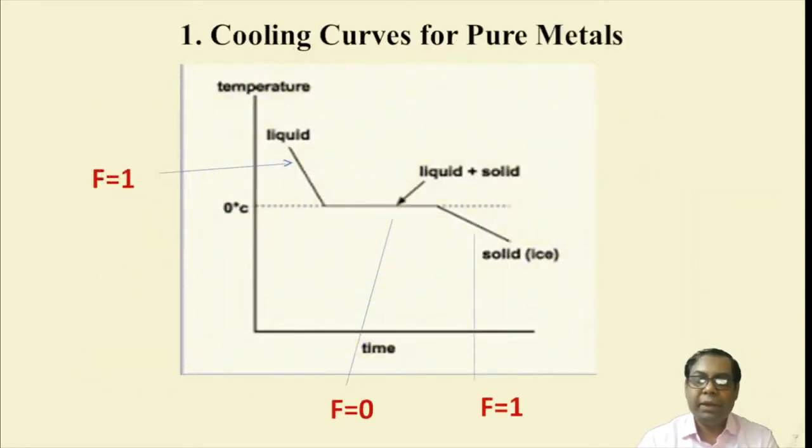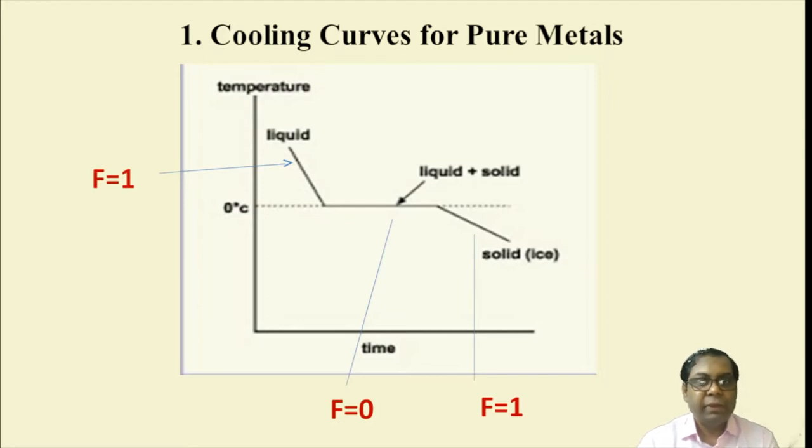Now these are the figures. I have collected them from various sources, from the internet that is freely available and from some books. And this is the cooling curve for pure metal. So what you can see is that from the pure liquid state, with the reduction in temperature along with time, it will gradually come to a particular solidification temperature, and then when solidification starts, until the entire liquid is converted to 100% solid, there is no change in temperature.